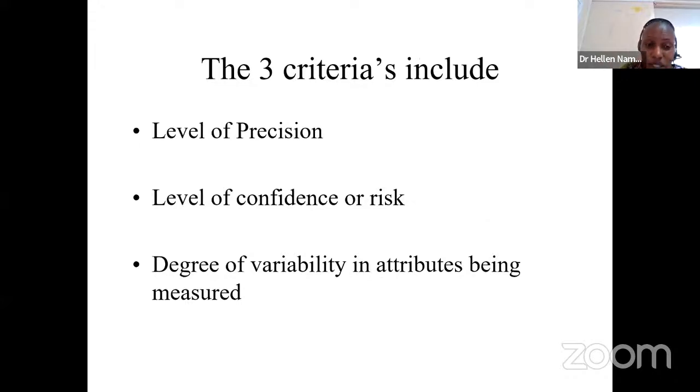And these are the level of precision, the level of confidence, that is the risk. Yes, I've been sharing what they are, but we can still push on and see what each means in more detail. Because by the end of the day, these attributes are the ones that are going to support you to make a reasonable sample size, and also the degree of variability in the attributes being measured.